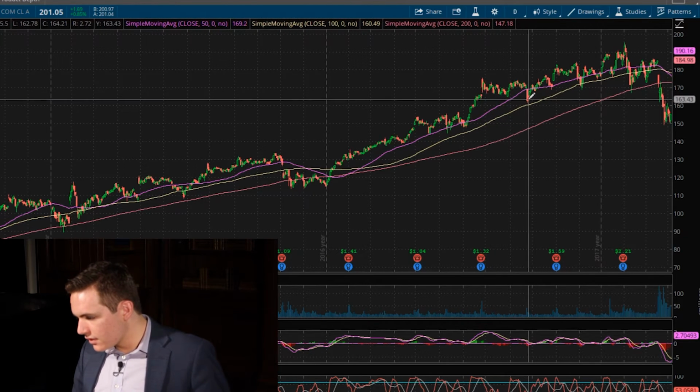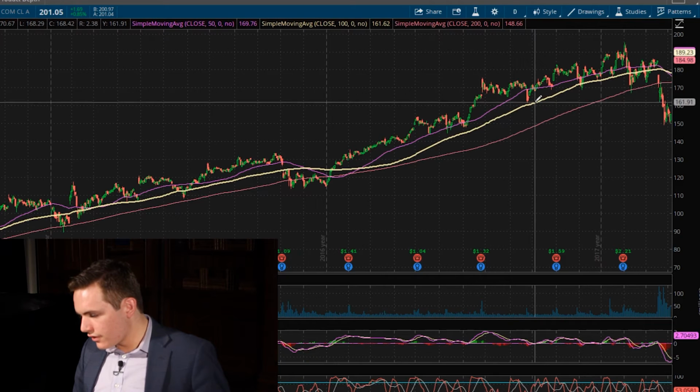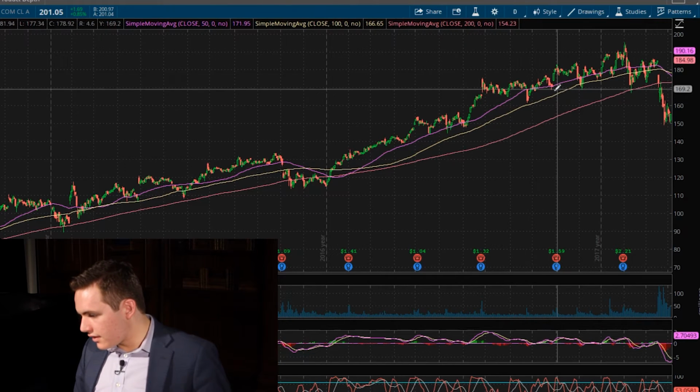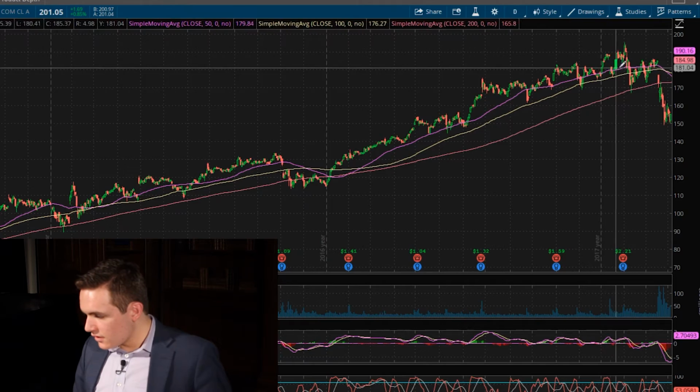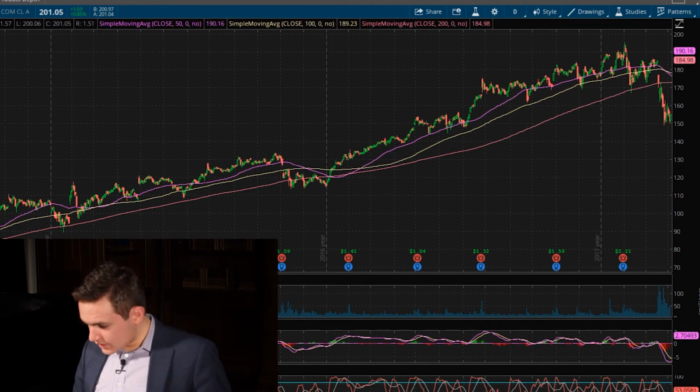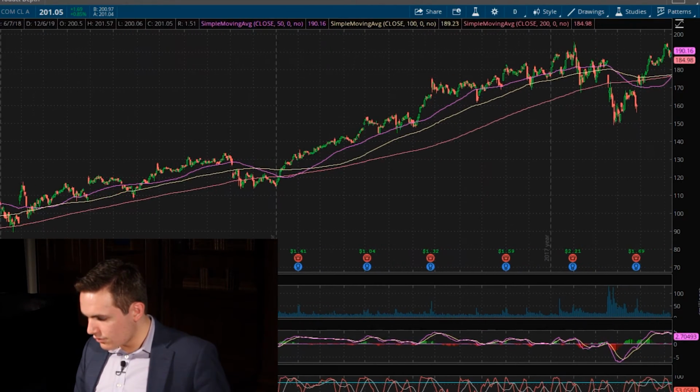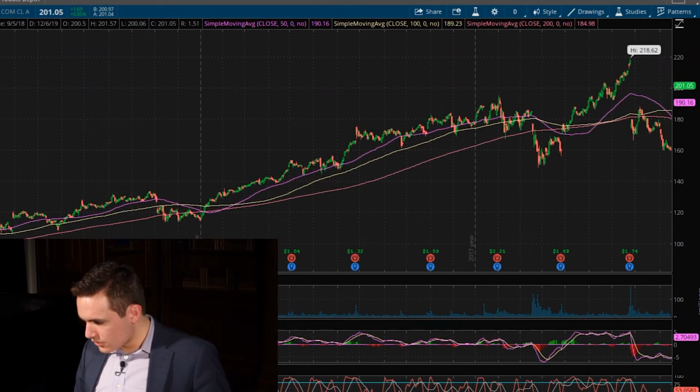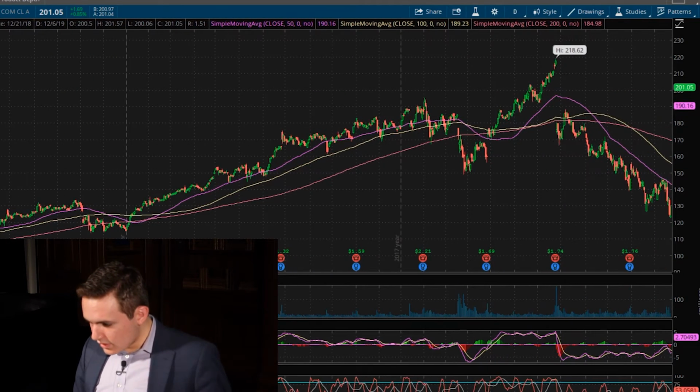It kept going down a little bit over the 100 simple moving average. And then at least in the short term, it kept going down for a good bit. This is when you had this Facebook testimonial trials and all that stuff later on.